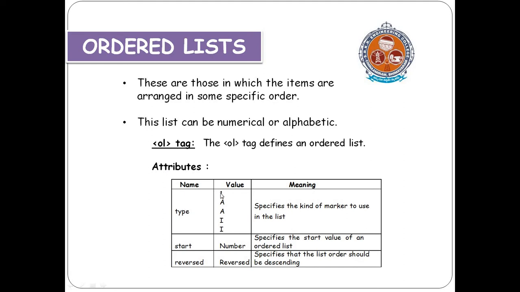For example, if you define type 1, then the ordered list starts from 1, 2, 3, 4. Otherwise, you can display alphabets, so it will start from alphabet A. Otherwise, you can start with Roman numbers, and the order will be in Roman numbers. If you define the start value, the list starts from it, or otherwise you can reverse it, and it will be in descending order.